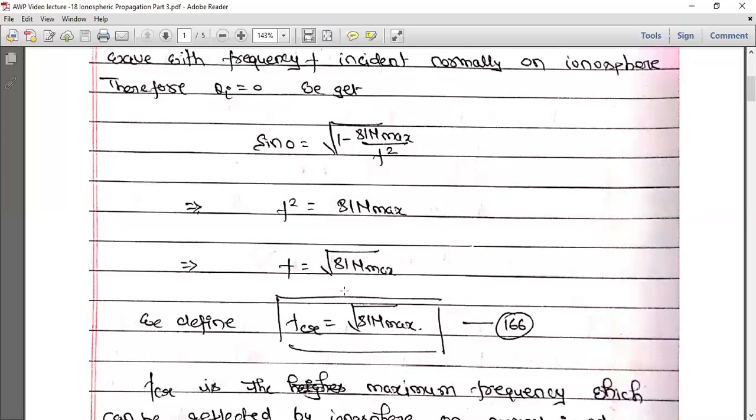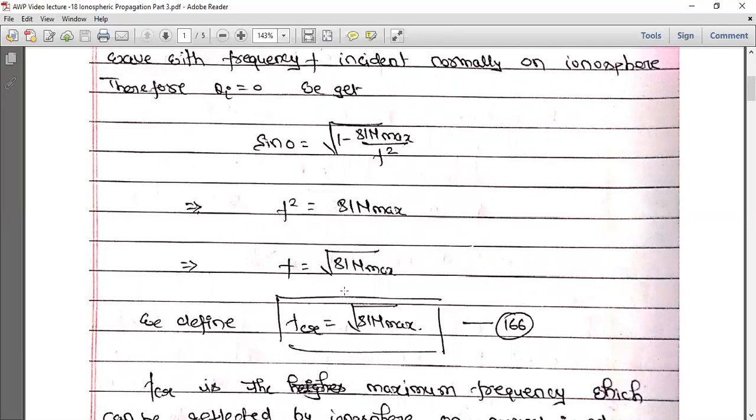That if a frequency f is incident normally on the ionosphere, and we need it to reflect from the highest electron charge density layer in the ionosphere, then this frequency should be equal to the square root of 81 N max. This is the highest frequency which can be incident normally on the ionosphere and reflect.